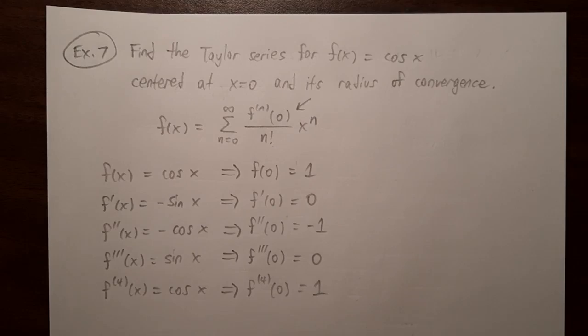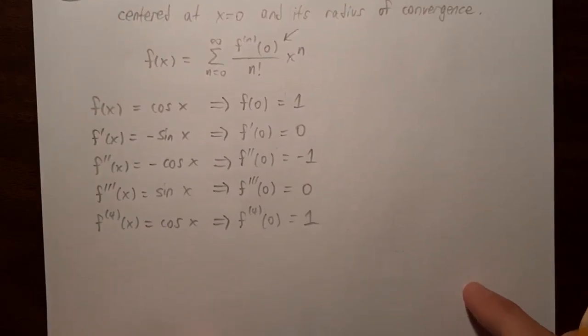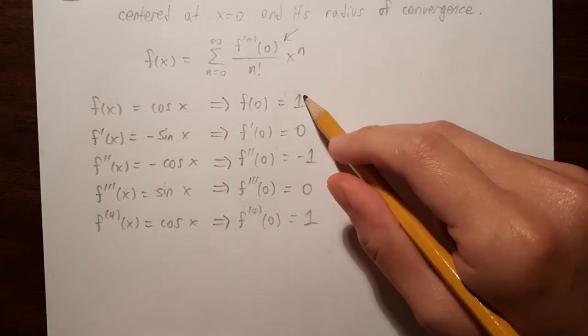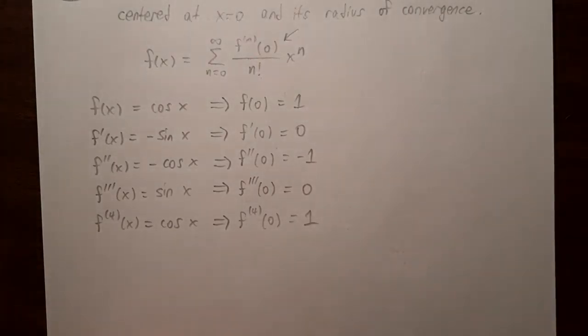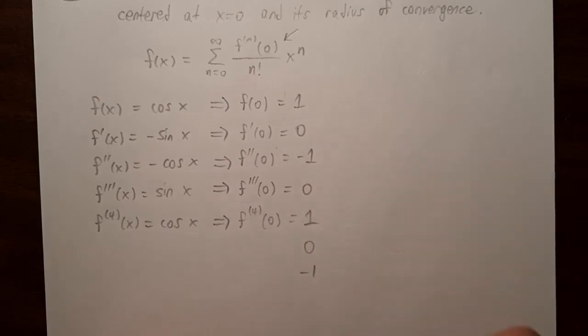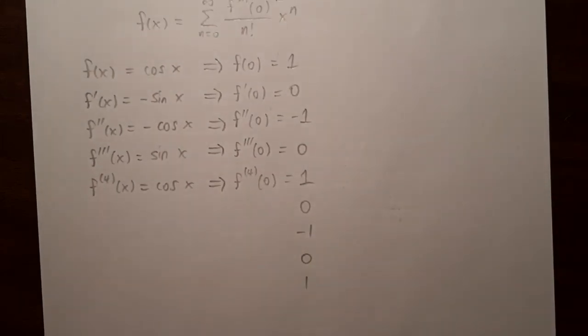All right, so I think you can see a pattern here, right? It's a fairly simple pattern as far as it goes, or at least it's easy to describe, to understand. It looks like we are going to be alternating between plus and -1 all the way down, but every other term is just going to be a 0. So if I was to continue this pattern, we would have a 0, and then a -1, and then another 0, and then a 1, and then so on and so forth.